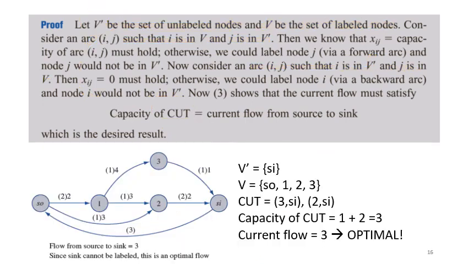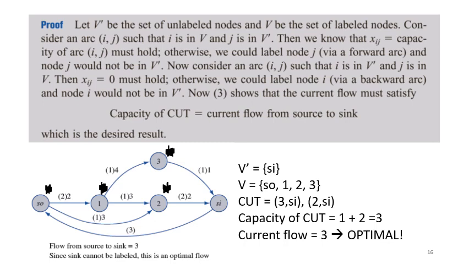Now let's apply Lemma 2 to an example. So here, when you try to label this network, let's say we start with the source, and then you can go forward to 2, you can go backward to 1, you can go forward to 3, but now you're stuck. There's no way to label the sink.